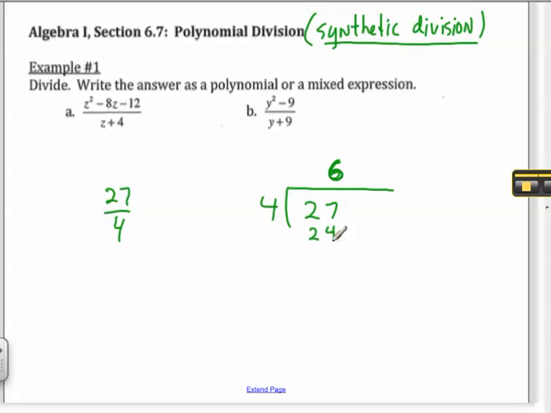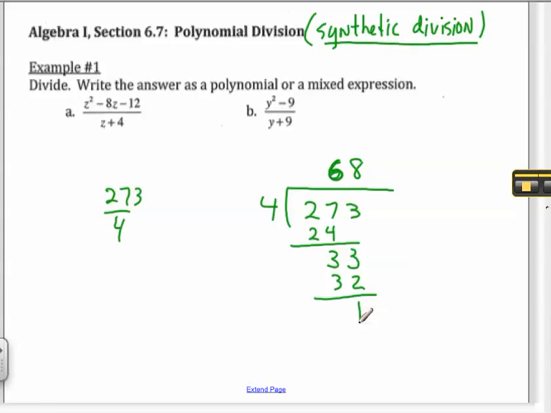Okay, so I divide, I multiply, I subtract, and then I would bring down if there were some other numbers. Let's make it 273. So then I bring down, and then I go through that same process again. Divide, 4 into 33 goes 8 times. Multiply, 8 times 4 is 32. Subtract, and then I don't have anything else to bring down.